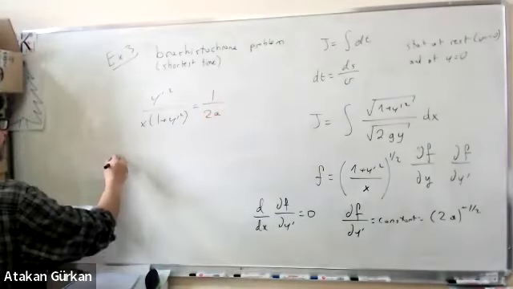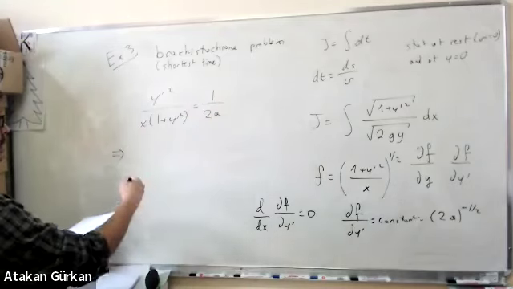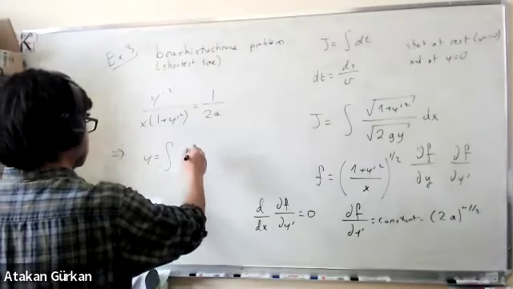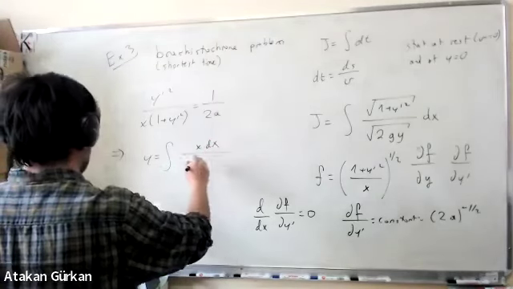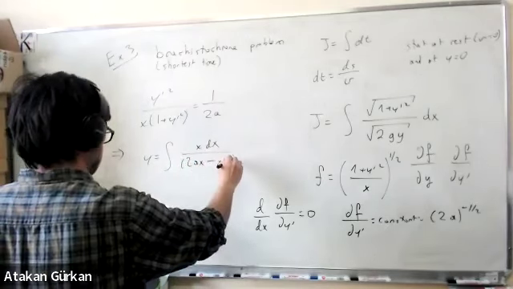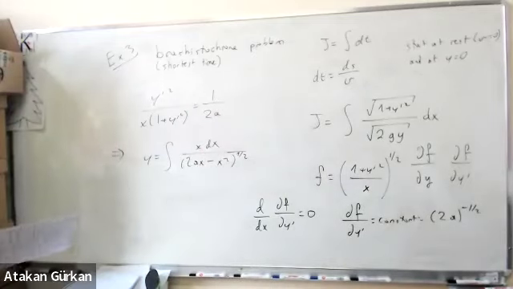Okay? And this is a single, well, it's a first order differential equation. It can be solved by quadrature, and the quadrature that gives this is x dx by the square root of 2ax minus x squared. So going from here to here, it's just algebraic manipulation.